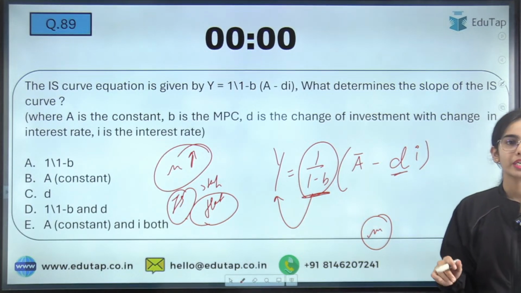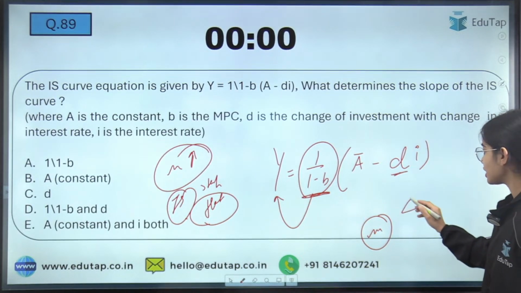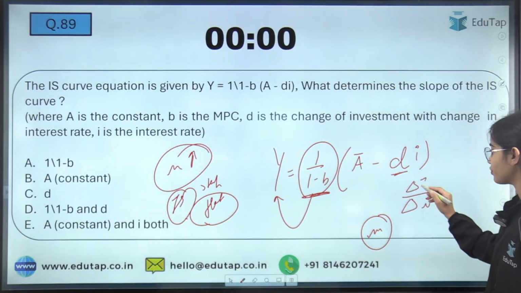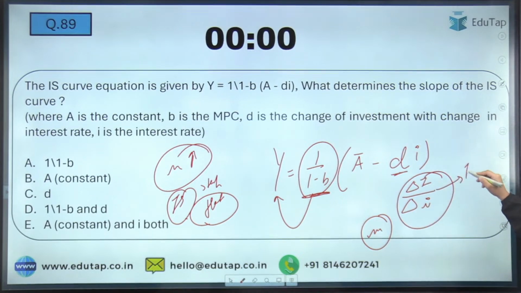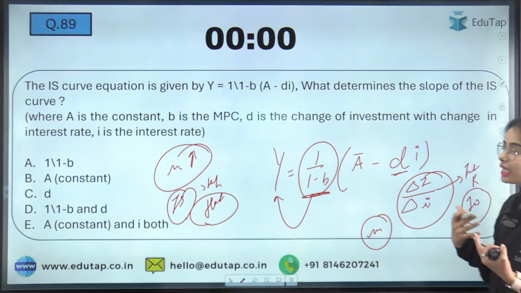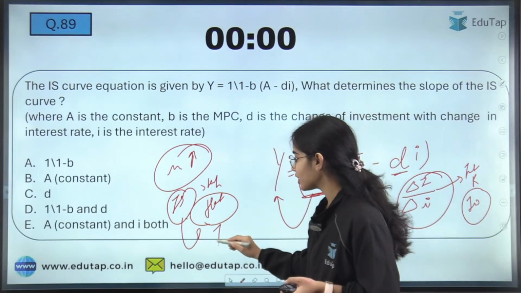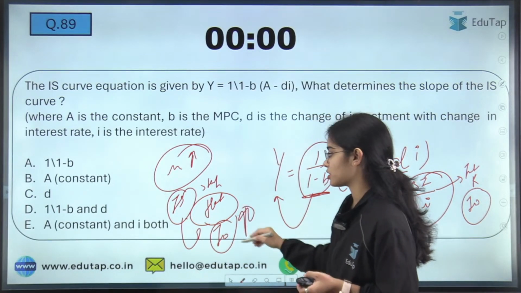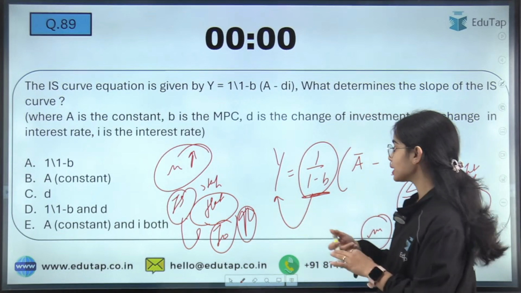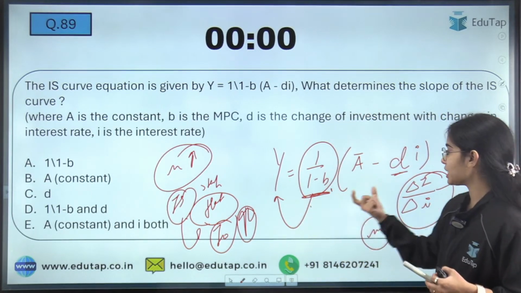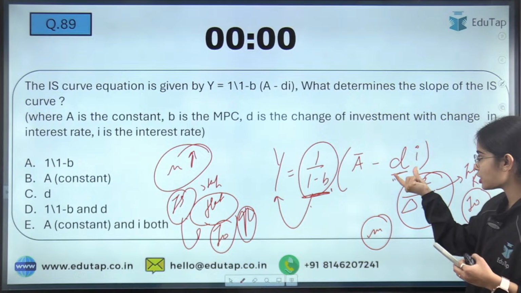What does d mean? d means that with the change in interest rate, how much is the change in investment. That means it shows the interest responsiveness of the investment demand, how responsive the investment demand is to the interest rate. So the IS curve is flat when the investment demand is very responsive to the interest rate. So here this is the multiplier 1/(1-b), and this is d.